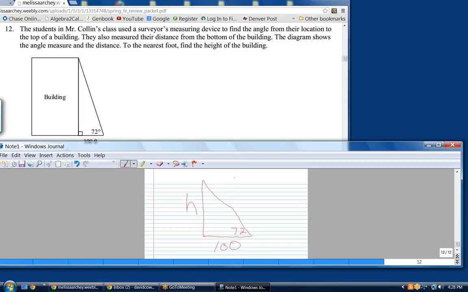What's the trig function that relates h to 100? H is not the hypotenuse, it's the height. One of the sides of that triangle. Adjacent.